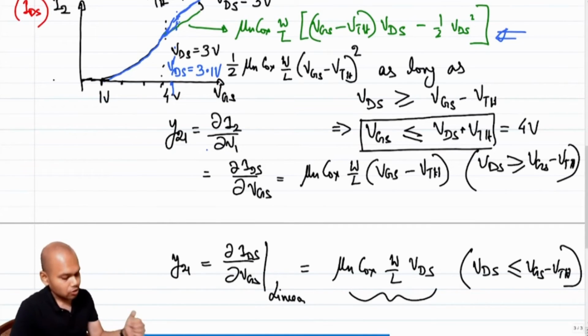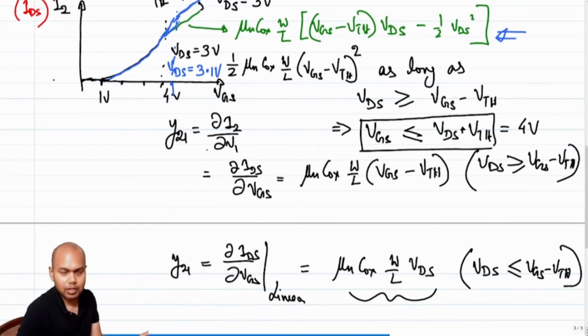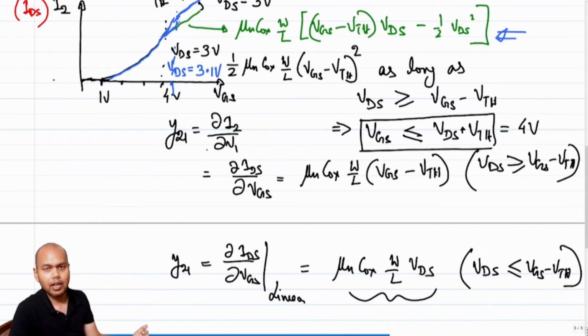So clearly, from the governing equations that we are using, you will always get higher Y21 as long as you are in saturation region.